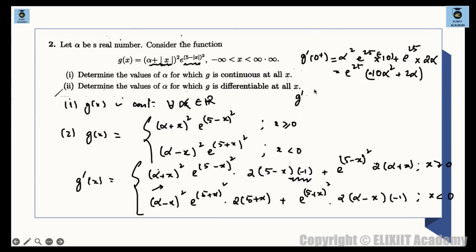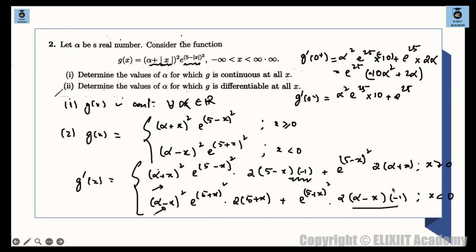And g dash of 0 minus, similarly, will be, from here we'll take this branch. This will be alpha square into e raised to the power of 25 into 2 into 5 plus 0, which is 10, plus e raised to the power of 25.